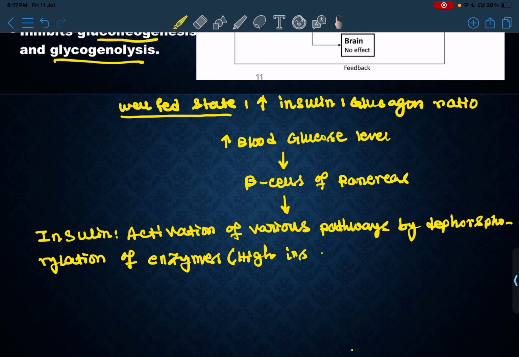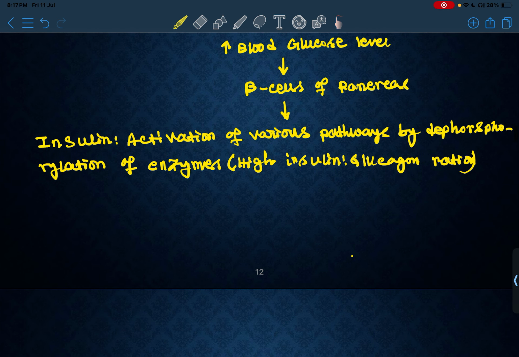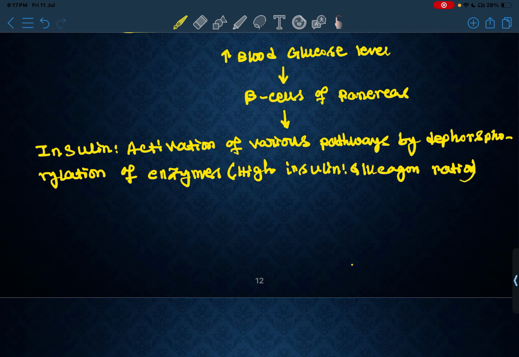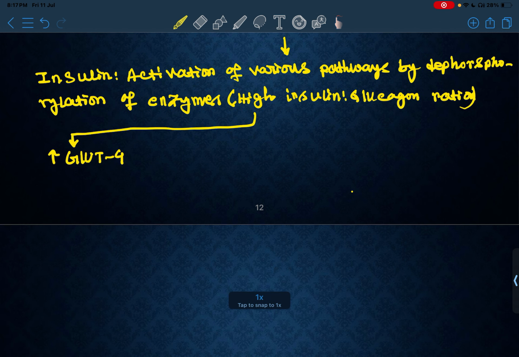When the insulin glucagon ratio is high, what will happen? The insulin will increase GLUT4. By increasing GLUT4, what happens?